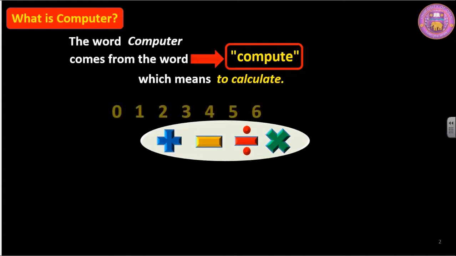But when we talk about calculation work, few things come to our mind, that it must be done with digits, and there have to be certain mathematical symbols like plus, minus, division or multiplication.